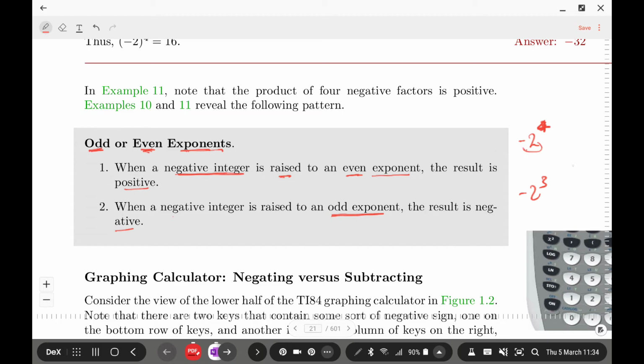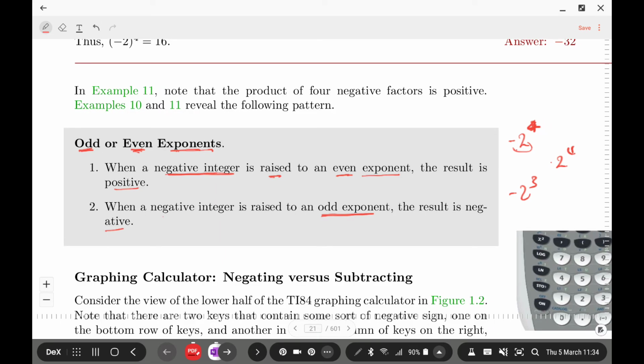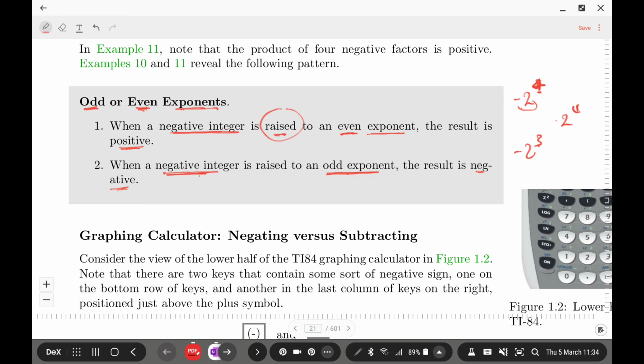So when we say 2 to the power of 4, we are raising to 4 times. That's called raised, okay? With an even exponent, the result will always be positive. Remember, that's what I just told you. If the base is a negative integer and the exponent, the top number, is an odd number like this, the result will always be negative. And that's it, simple as that.